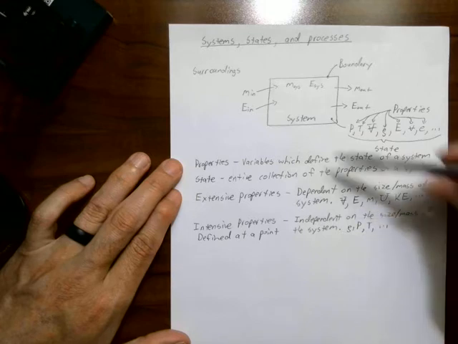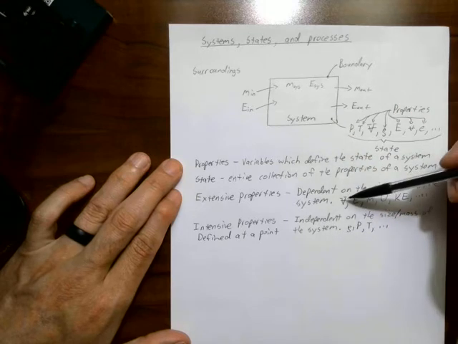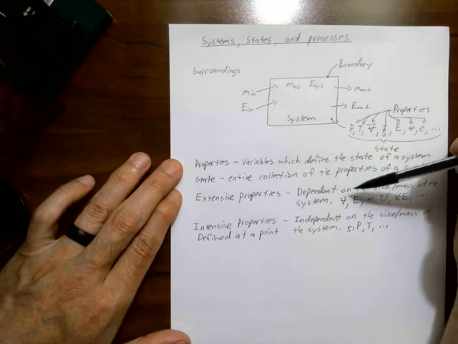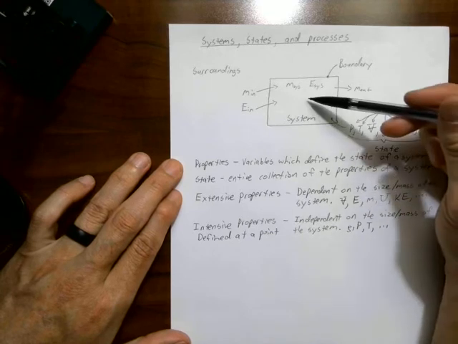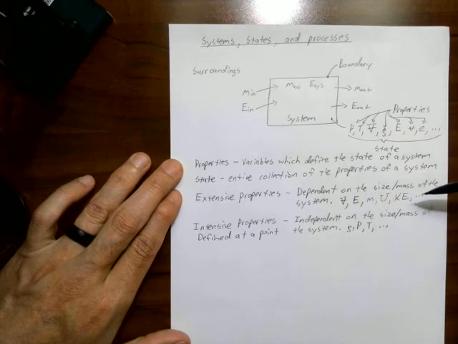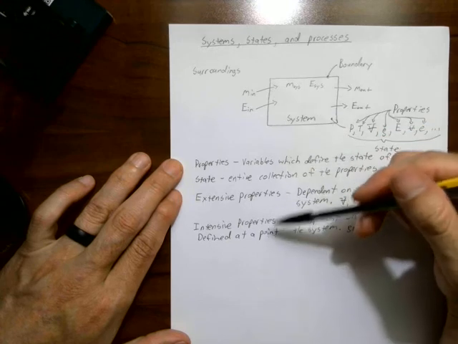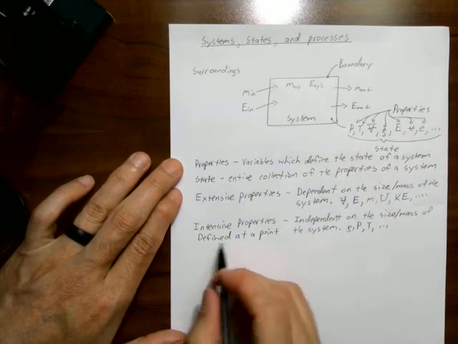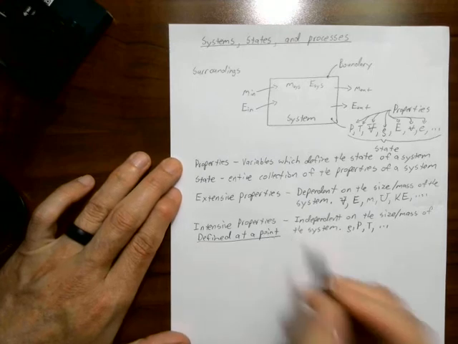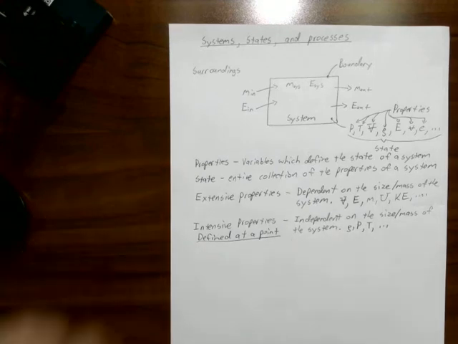The concept of temperature would still have a meaning. But the concept of volume would not. The concept of total energy of a point does not make sense, nor does the mass of a point or any of these other properties. So intensive properties are defined at a point. That's the way I like to think about them.